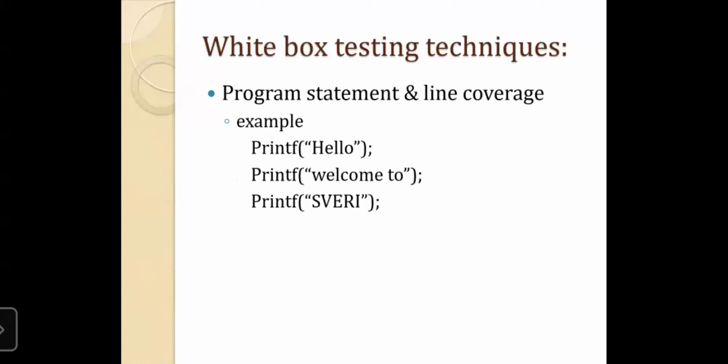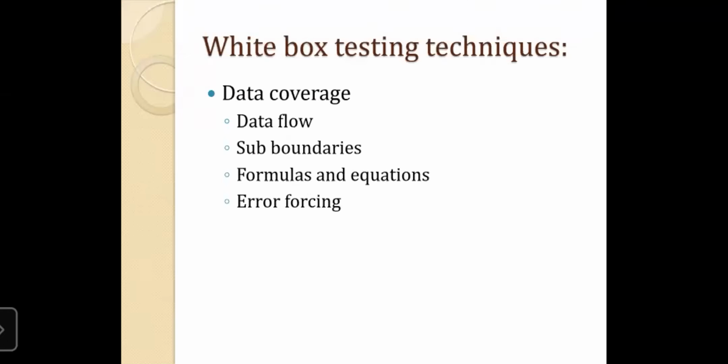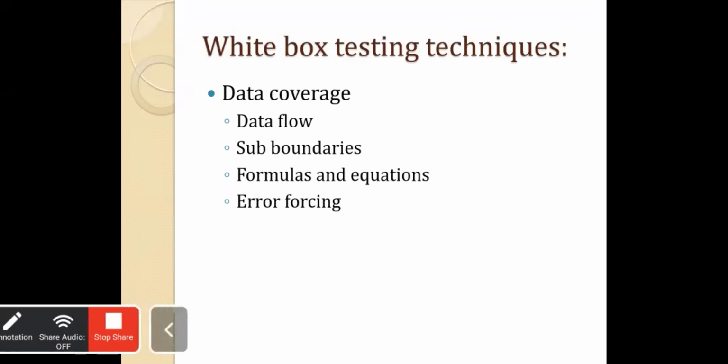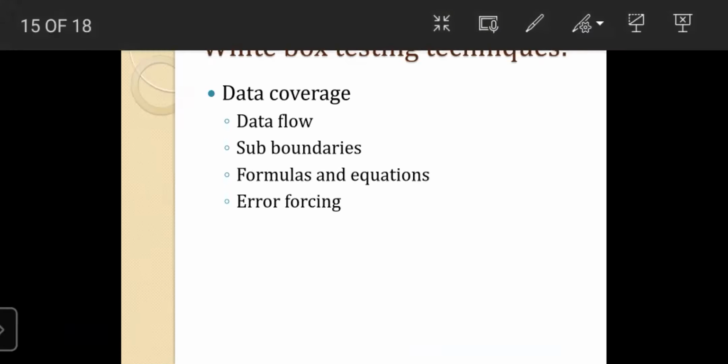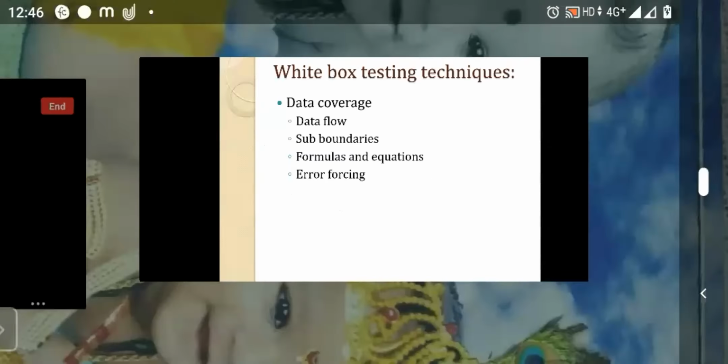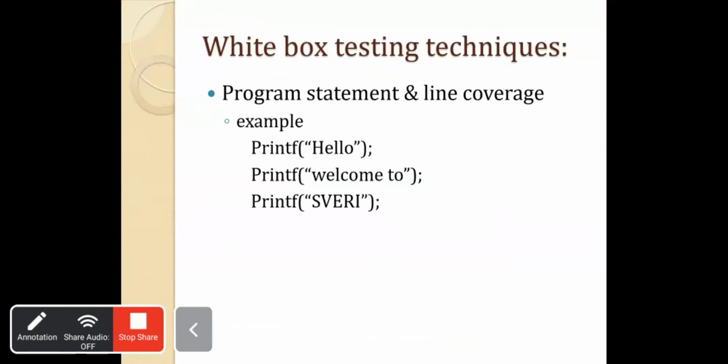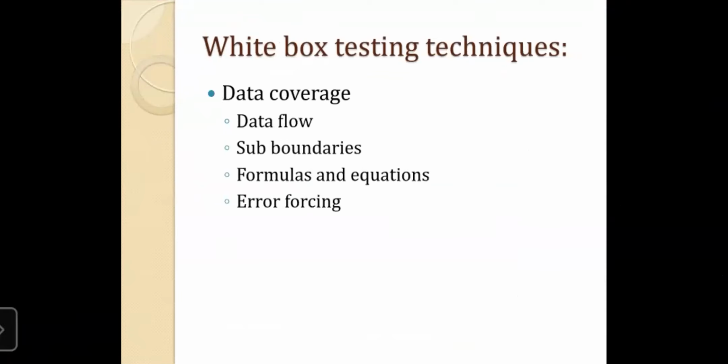Then sub-boundaries. That means whatever the boundary values are, like in the case of age we have seen, you have to enter the data from 16 to 18 to 56, something like that. So in that case you are concentrating on the boundary values, isn't it?